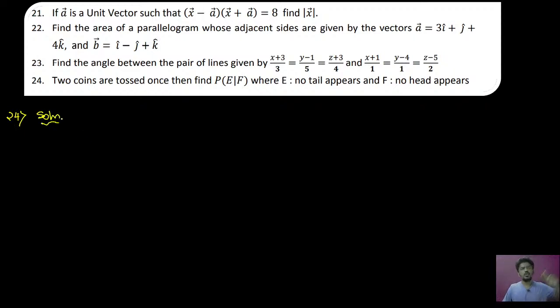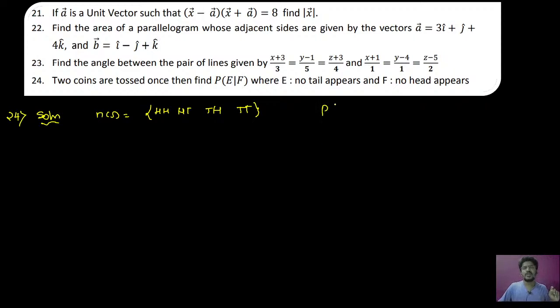Solution. 2 coins are tossed. Very good. Then what is the sample space? First you write it: HH, HT, TH, TT. Okay, these are the sample spaces. And next, what are they asking? 2 coins are tossed.